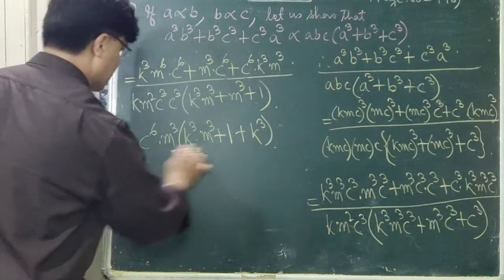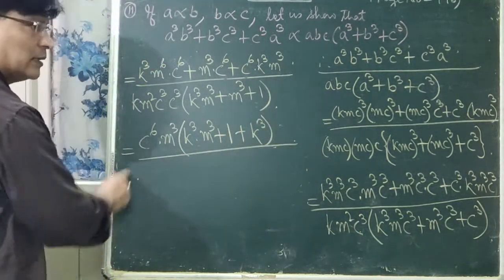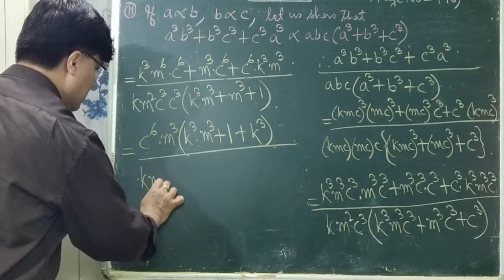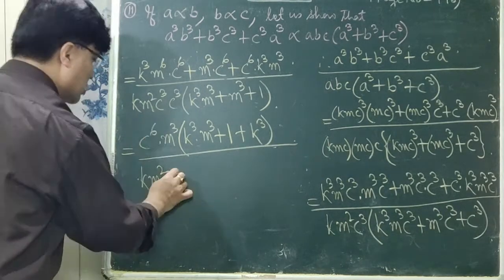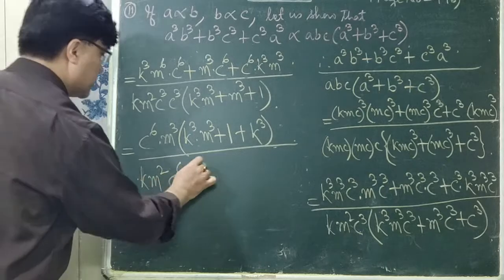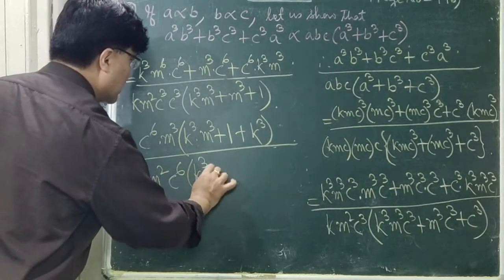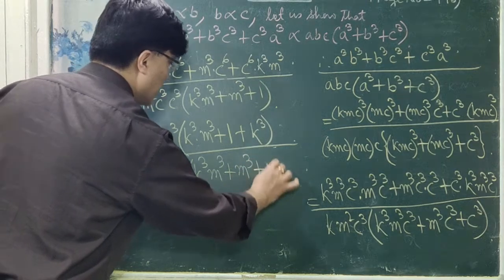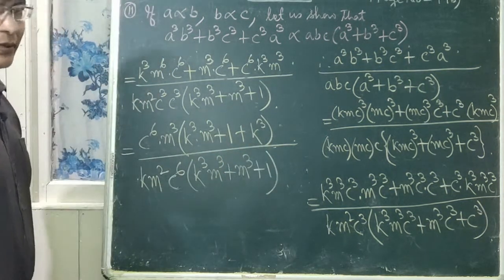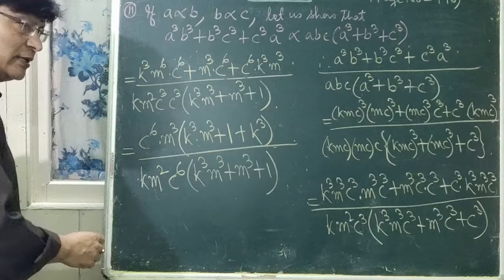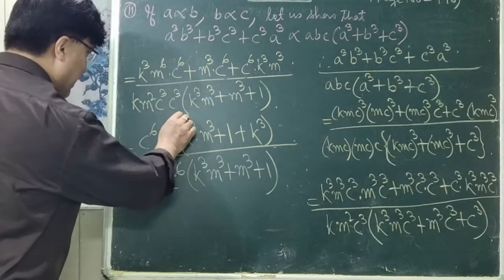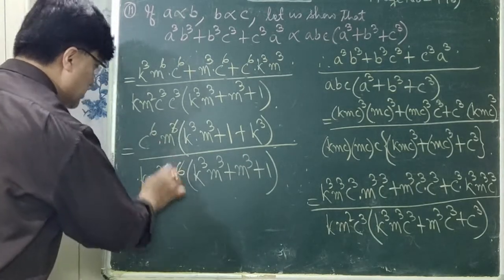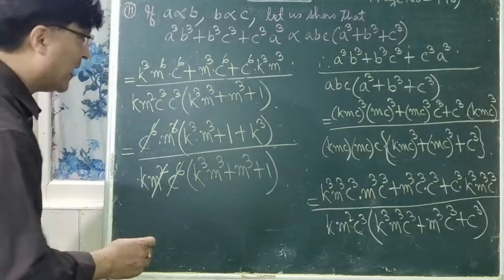divided by, now this is K M square, what is C cube into C cube? C to the power 6, and within bracket we have here K cube M cube plus M cube plus 1. Got it? So you can cancel here. This M square and cube will be cancelled, and this C to the power 6 will be cancelled.